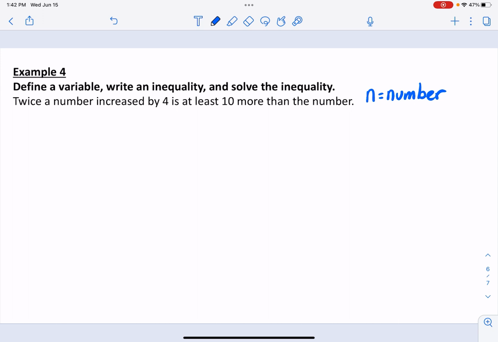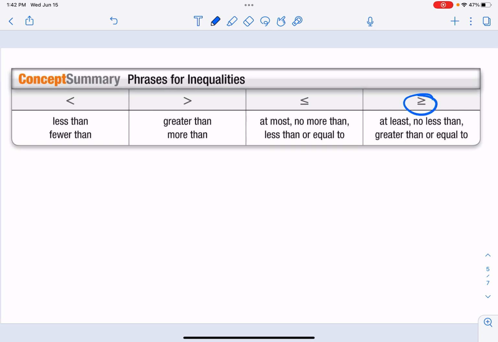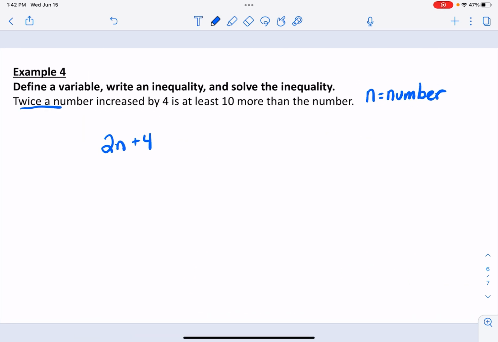Okay, so twice a number increased by 5 is at least. Okay, let me go back to my chart. At least, where do I see it? That's the symbol I'm looking for. Is at least 10 more than the number.